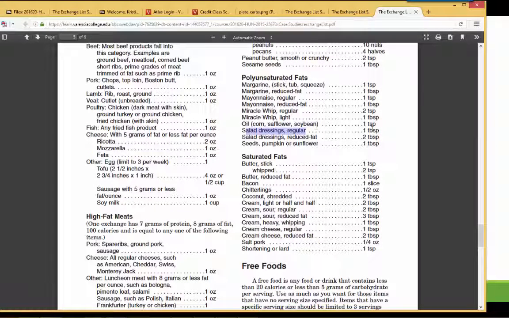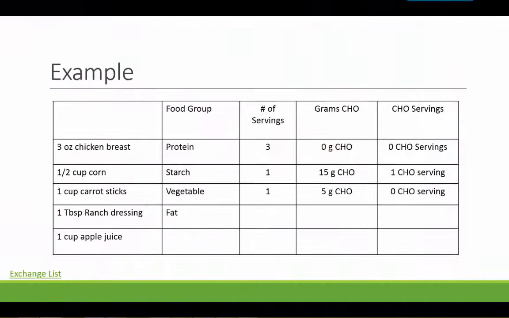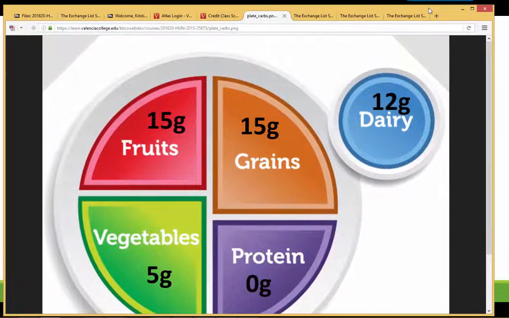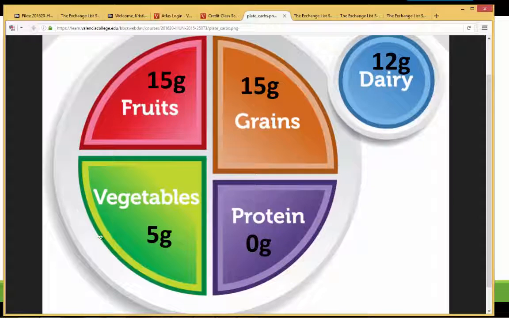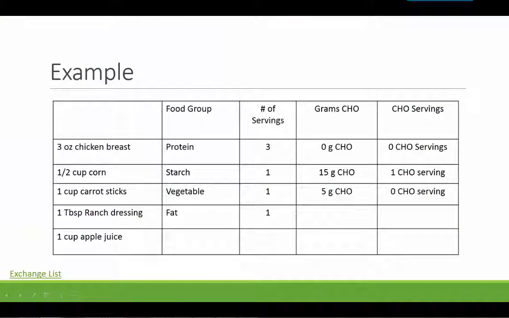So we have 1 tablespoon of salad dressing. We consumed 1 tablespoon of ranch dressing. That means we had 1 serving of fat. Going back to the My Plate, remember, fat was not represented on the My Plate, but we said that it was 0 grams of carbohydrate. So 0 grams of carbohydrate is equal to 0 carbohydrate servings.